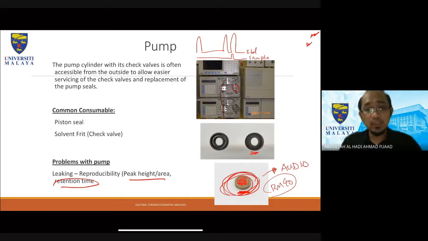If your pump leaks, your retention time might be lower, or higher because it stays longer in the system. Even if you're using the same sample, the sample peak might come out after your normal standard. So you might say, oh, it's no longer there.